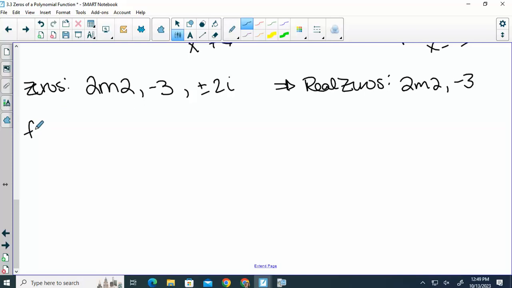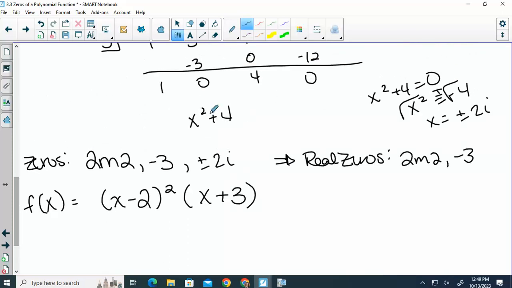The factored form, if 2 is a 0, that's x minus 2. It worked twice, so we could either write it twice or just put squared. Negative 3 is a 0, so that's x plus 3. Then you could put x squared plus 4 because technically that didn't break down.